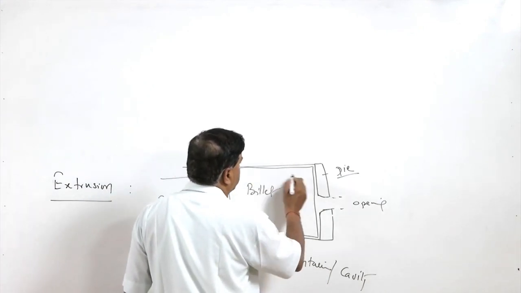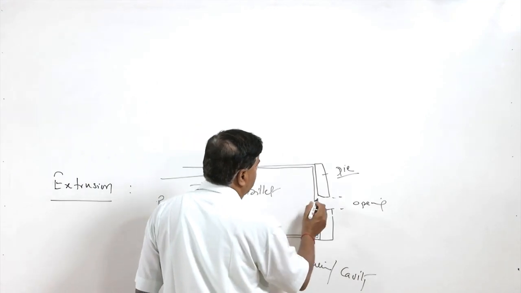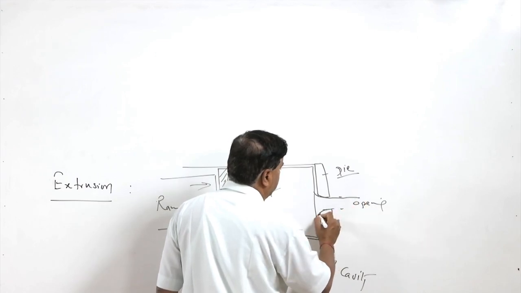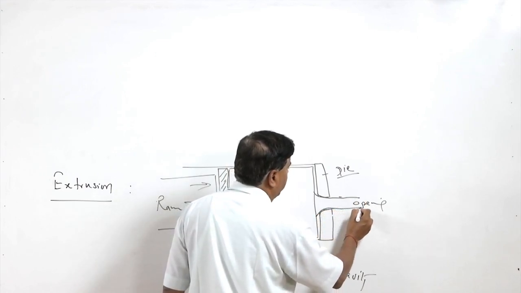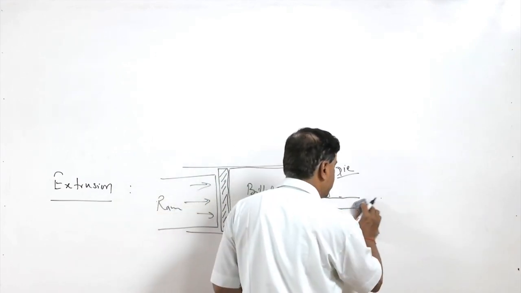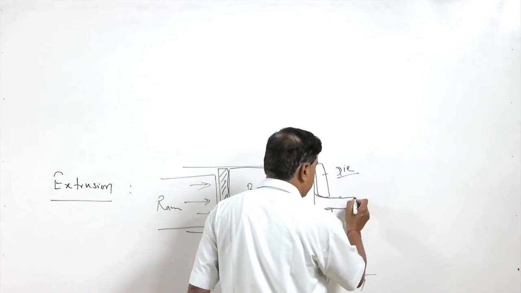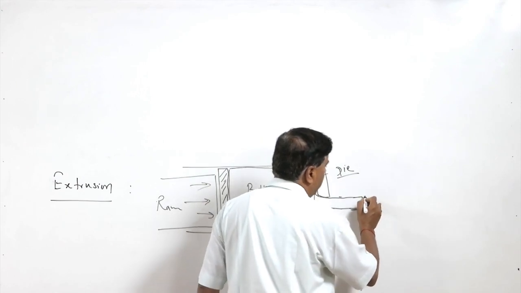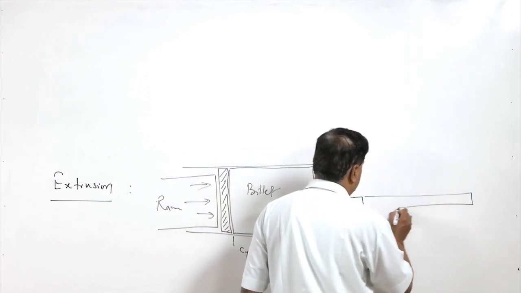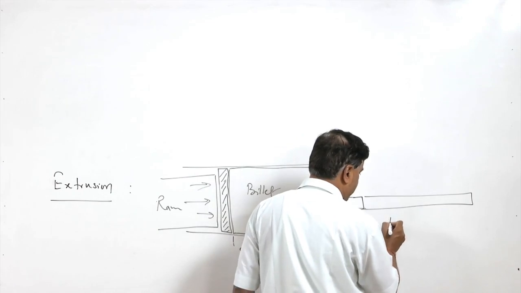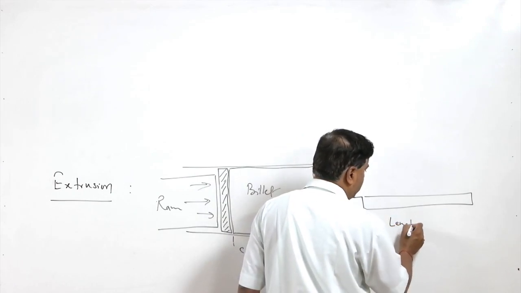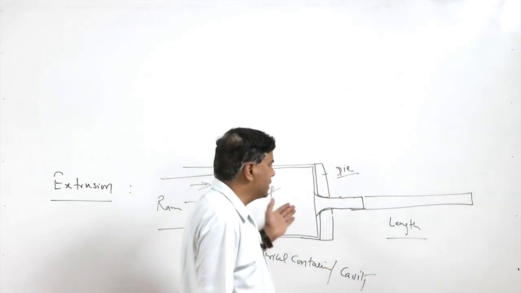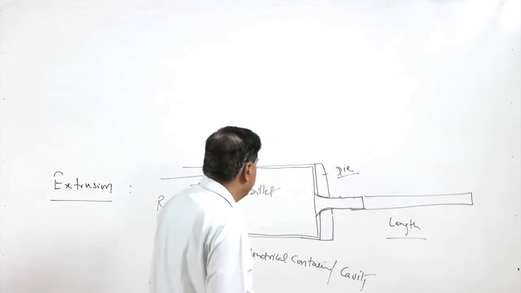Application of the force results in the movement of the metal and it starts coming out of the die or the opening, and then it takes the shape of the cross section of the die. This is how we keep on getting the same cross section along the length, so a uniform cross section is achieved throughout the length.